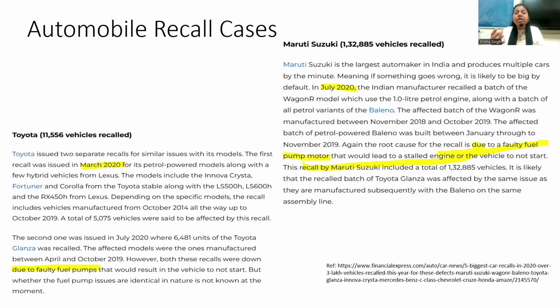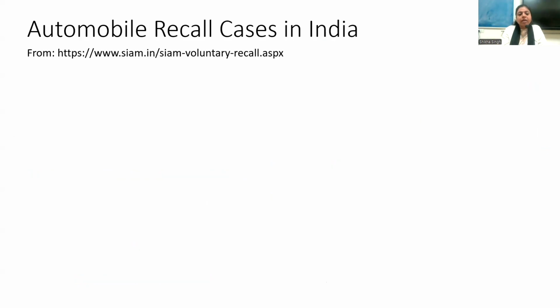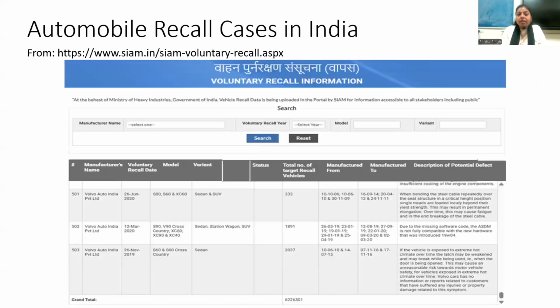They should behave as a systems engineer, and they should give insights about the relevance of a small subsystem in a huge system. Then, you may also see on your own, if you are interested in this kind of case studies, the voluntary recall website in India, where we always get the information on what kind of recalls are happening and why.